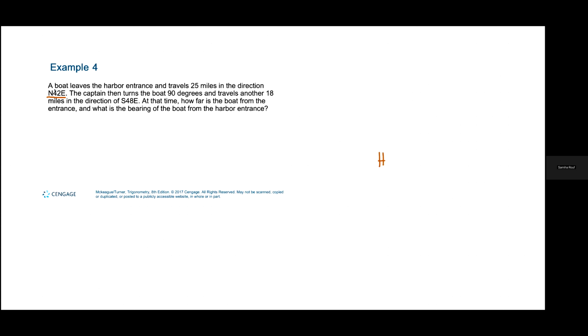And we are traveling northeast. So if I draw a compass, the northeast would be this way. Right, so the boat's traveling northeast and it travels for 25 miles.